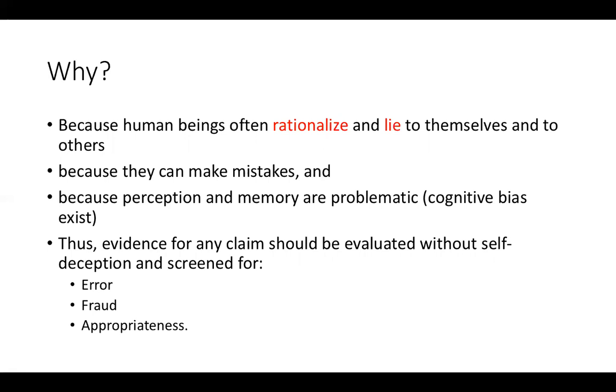We have problems with perception and memory. Actually, cognitive biases do exist. There is so much literature on cognitive bias, which we will discuss in the next lecture. Cognitive bias happens even in the best researchers. This is something that is true, and we need to be aware of it. So because of all of these, evidence of any claim should be evaluated without self-deception.